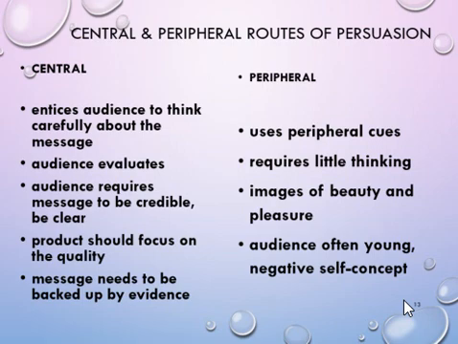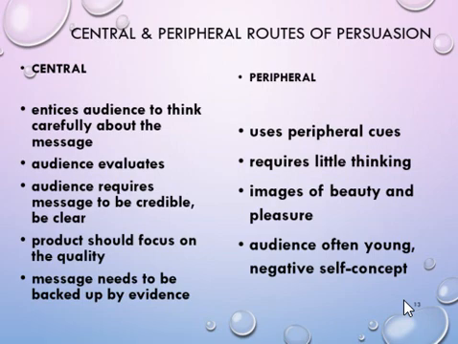That's why they say 300 scientists have tested that, and all 400 of them have found it working perfectly. Because the product focuses on the quality, and the message has to be backed up by evidence. That's why they say evidence 1, evidence 2, evidence 3, substantiation.